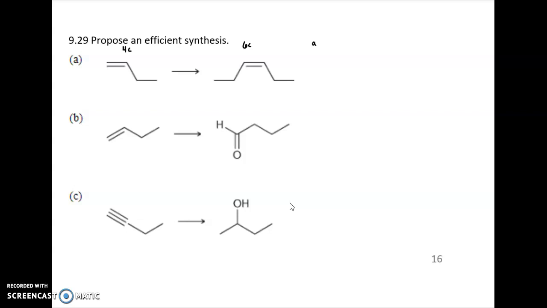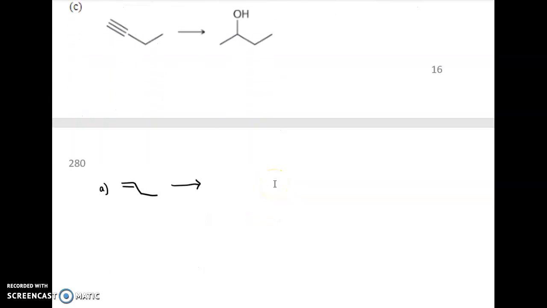So we're going to need to add 2 carbons. And so we're going to have to make an alkyne, and then reduce it to make a cis double bond. Let's see how we're going to do that.